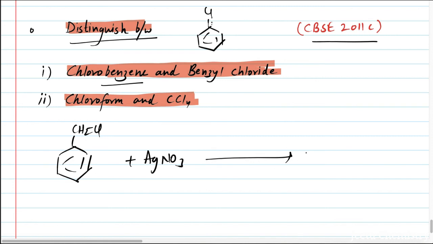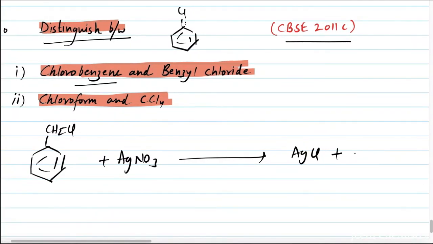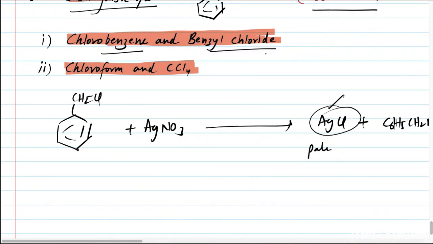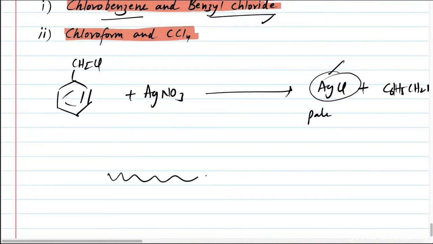What is your answer? AgCl plus again C6H5CH2NO3. Clear? So a pale yellow PPT indicates the presence of benzyl chloride. Again chlorobenzene does not confirm this test.